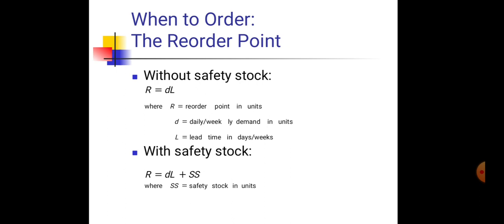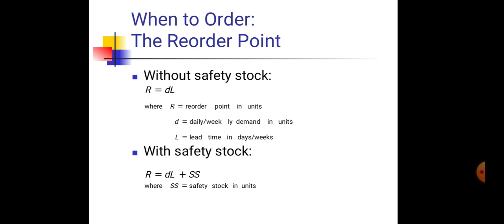That 5 days is the lead time, from the day of order to the day of receiving. Till then your stock should be there, and D is the daily or weekly demand in units. So D into L is nothing but the reorder point in units.